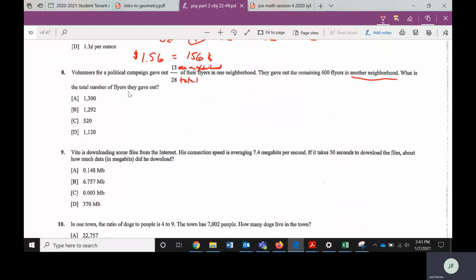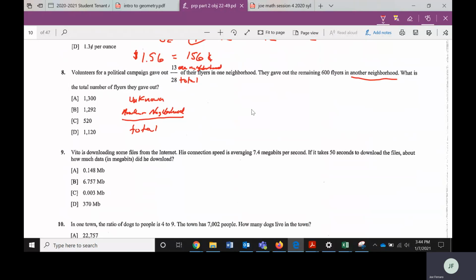It says, what is the total number of flyers given out? So in the unknown pair, they're saying when we have 600 flyers in another neighborhood, so another neighborhood, sorry if that spelling is very bad, sloppy with this pen. It says what is the total number of flyers given out?